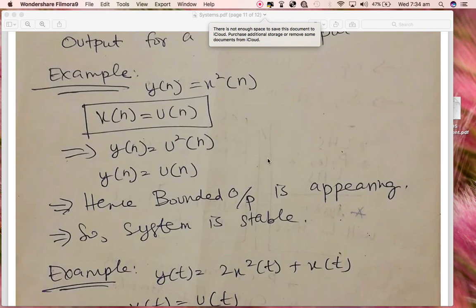So the unit step function is a finite input as well as a finite output, because it is within the magnitude of 1. Whenever we have a y-axis and an x-axis and a unit step function, its magnitude is always equal to 1 and remains within a finite limit. So it is a bounded input as well as a bounded output, so we can say that it is a stable system.